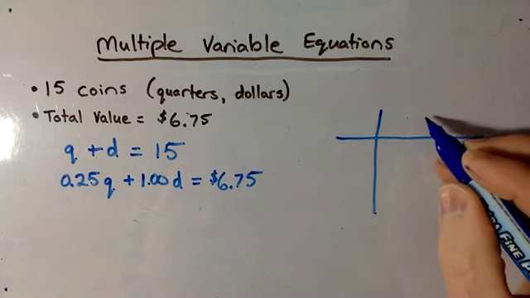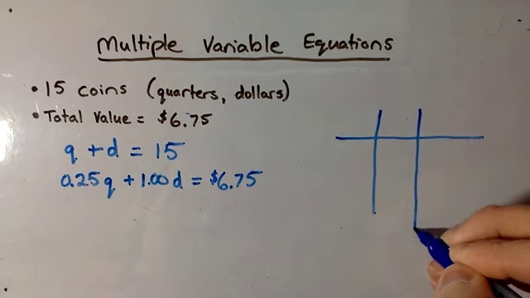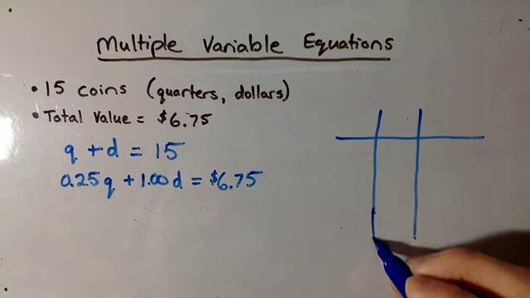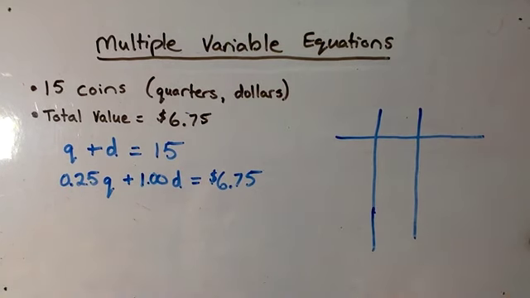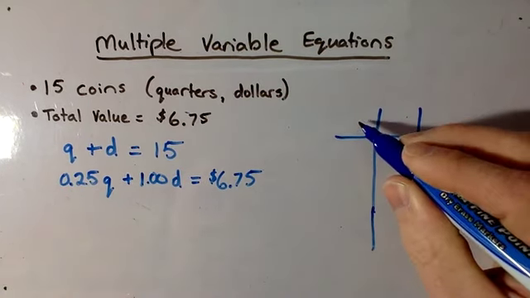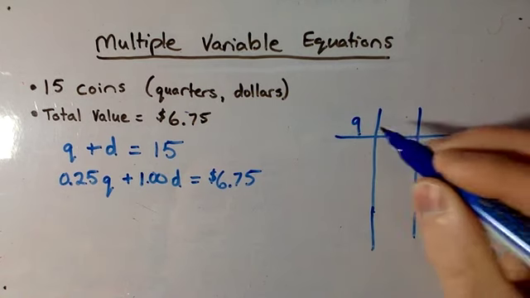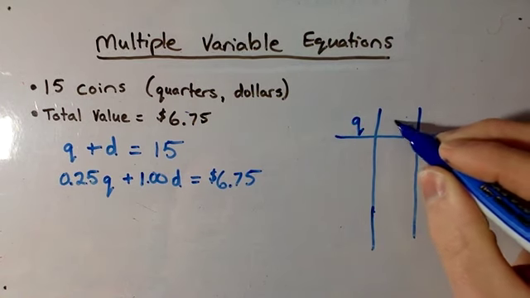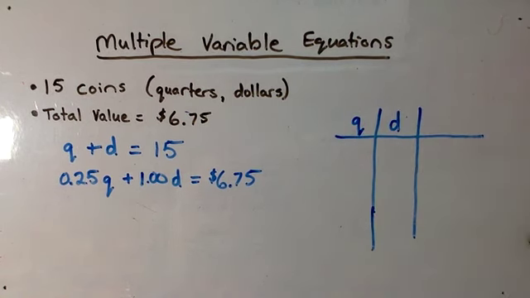This time we actually need 3 columns, so it's a modified t-chart with an extra column. In those columns, we need our quarters, our dollars or loonies, and then the total value of our money. I'm just going to call that V for total value.